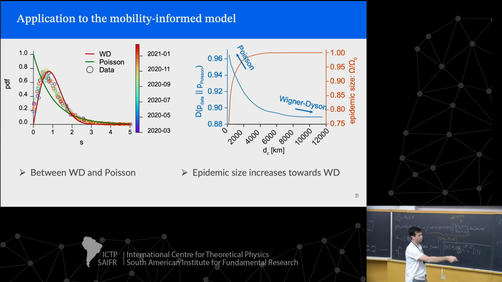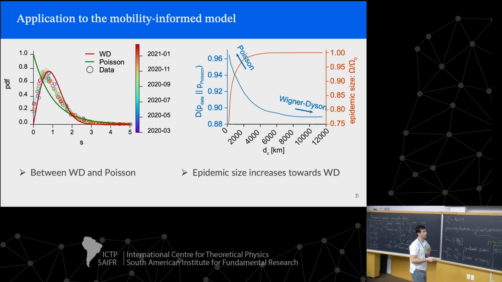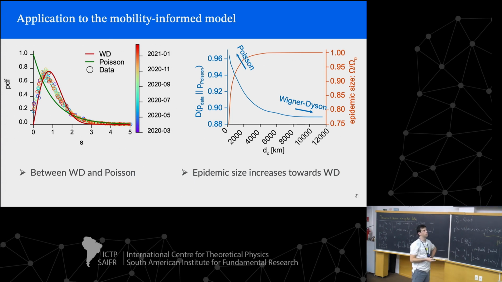So when I'm decreasing DC from there to there, the epidemic size goes from being large to 0. At the same time, what's happening to the beta matrix is that it goes from being close to the Wigner-Dyson distribution on that end, and it becomes more and more similar to this green line, the Poisson statistics. And of course, here I'm looking at it concomitantly with the fact that I'm using this quarantine idea.